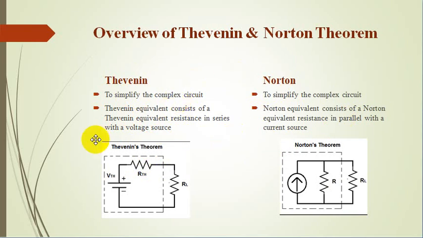The Thevenin equivalent consists of the Thevenin equivalent resistance in series with the voltage source, but in the Norton theorem the Norton equivalent resistance is in parallel with the current source. So here is the configuration of both circuits. You should keep these figures in mind because this is basically our target to achieve.